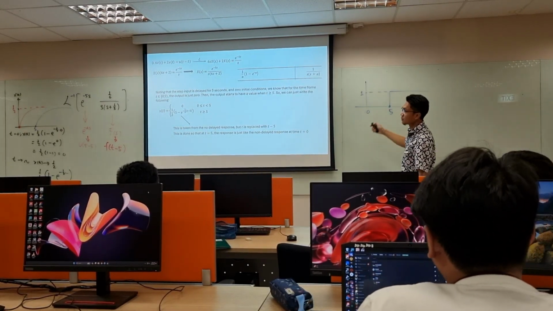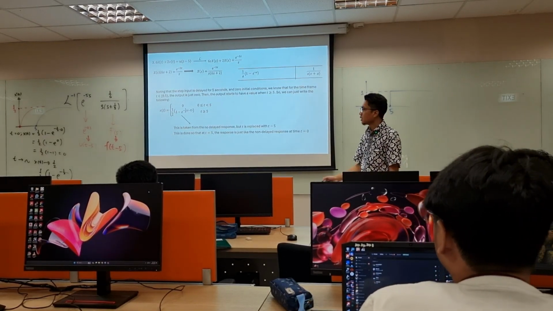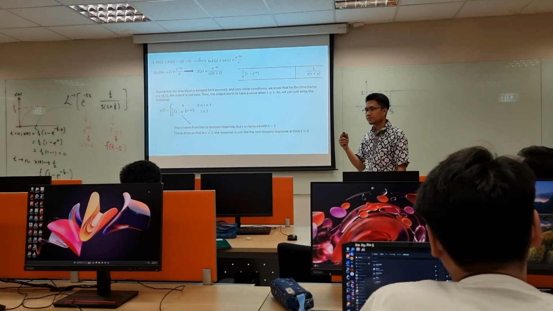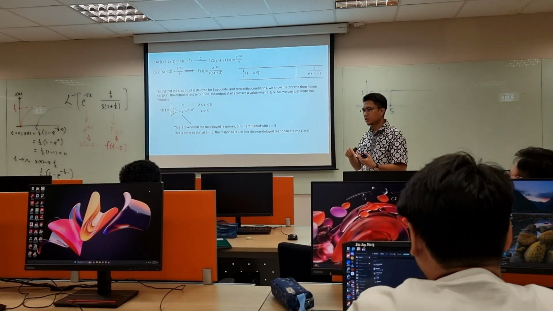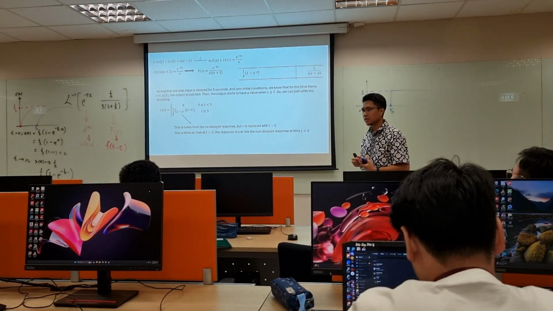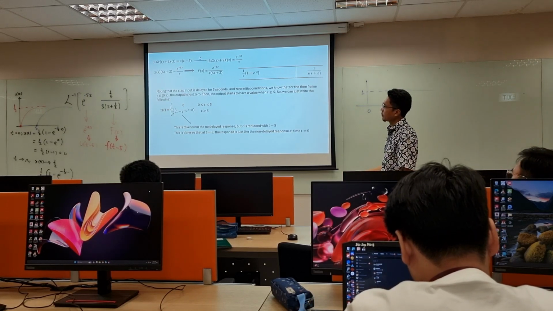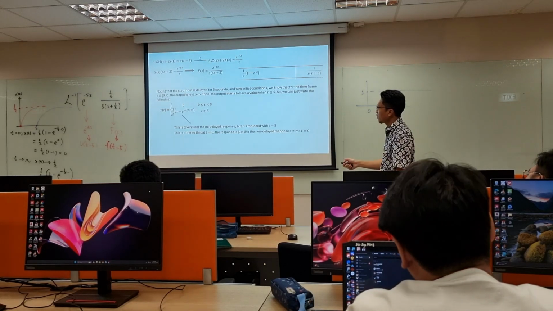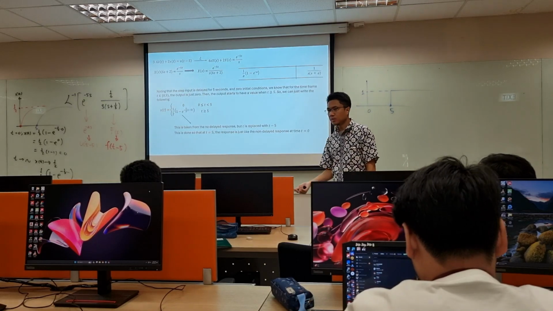So you write like this. So x(t) in here is like a cut function, not piecewise continuous. So what do we do here? We don't do anything such as using the T-shift theorem or S-shift theorem.